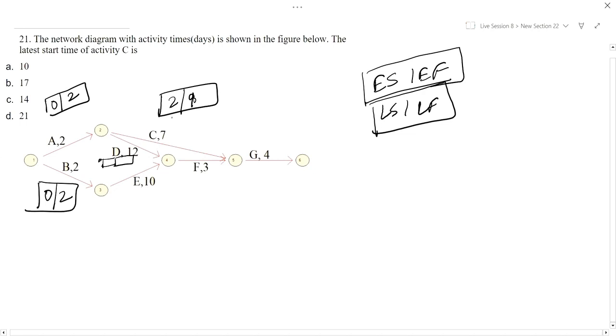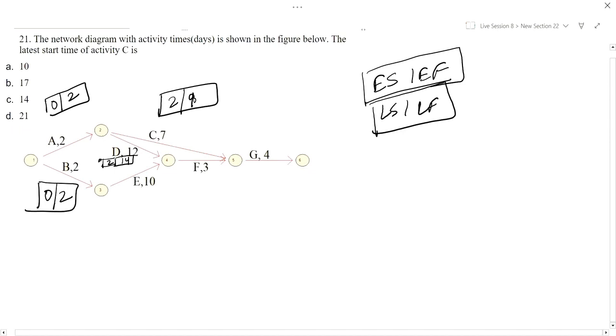the early start time is, see, from 2 to 4 activity nodes we have activity D. Now from 2 to 4 it is 2 plus 12, this becomes the early finish time. This is 2 and this is 14.